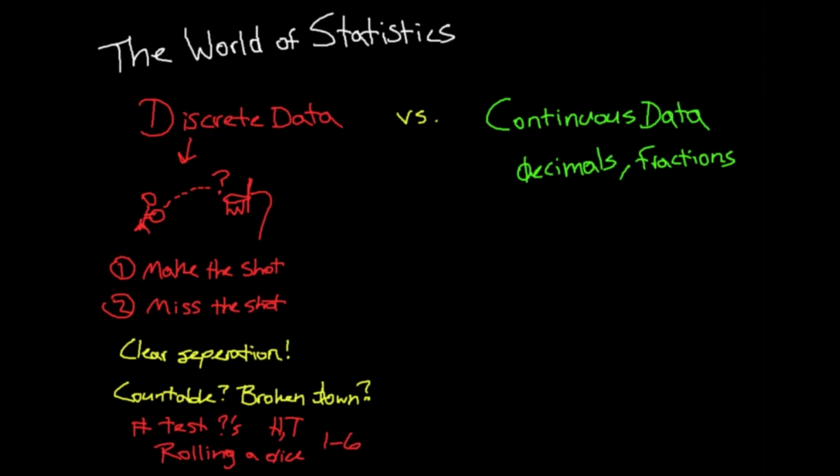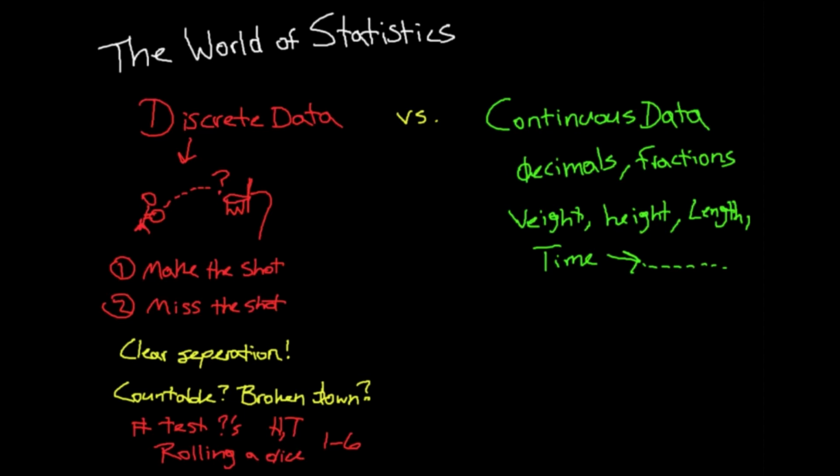Some examples of continuous data would be weight, height, length. It could also be time, so measuring time in seconds. And of course time can go on forever, so we could have as many milliseconds as we want to measure. Therefore it would be continuous.